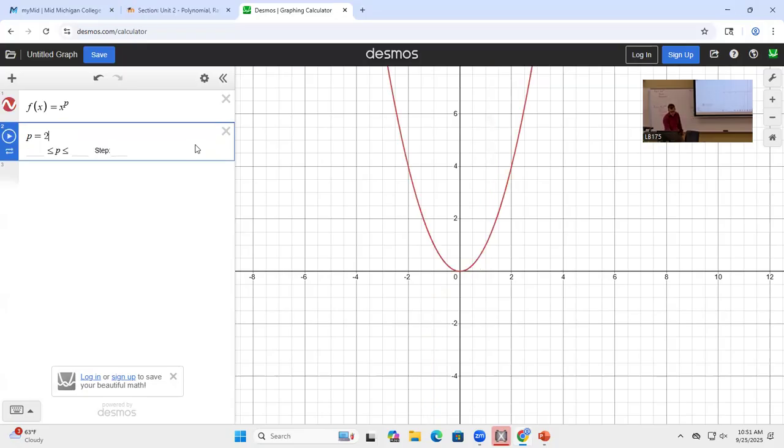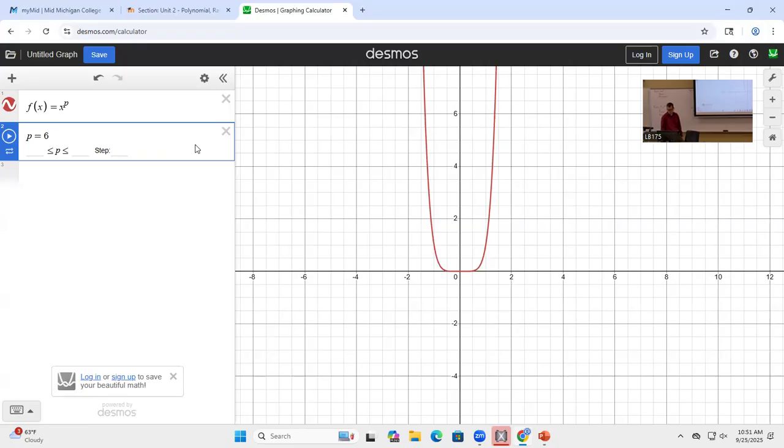Even whole numbers, other than p of 0. P of 0 is just a flat line. Even whole numbers give me a parabola type shape, but again, as you get higher, you get flatter around 0 and steeper as you get away from 0.